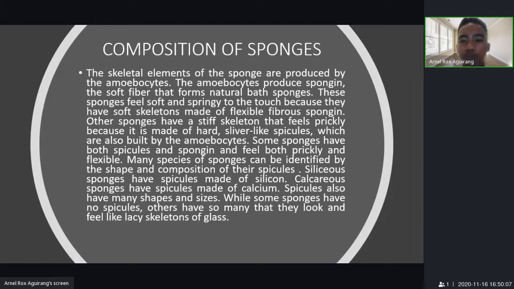They produce spongin, and siliceous sponges have spicules made of silica. Calcareous sponges have spicules made out of calcium. Spicules also have many shapes and sizes. While some sponges have spicules, they look and feel like the lacy skeleton of glass.